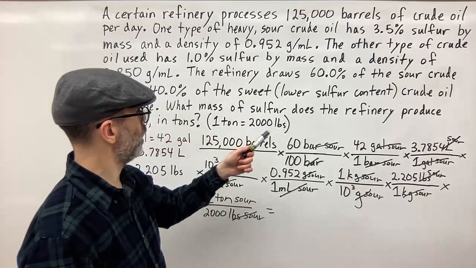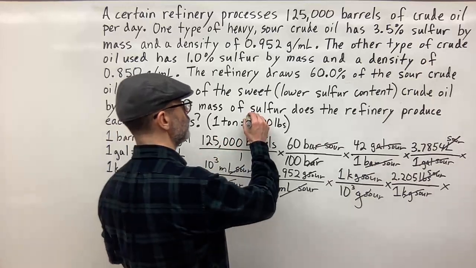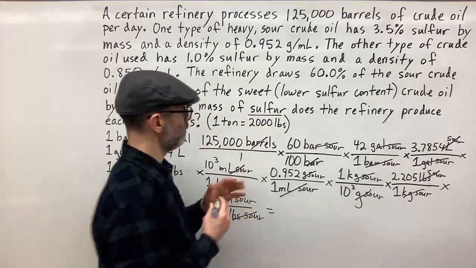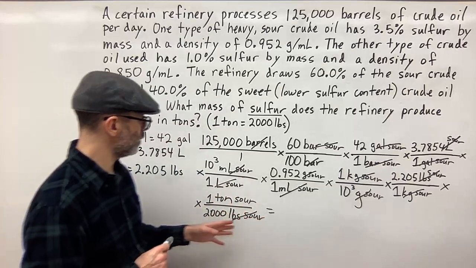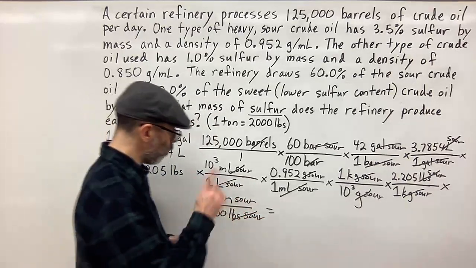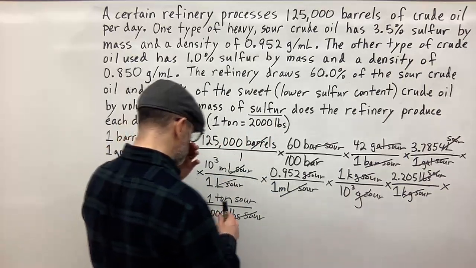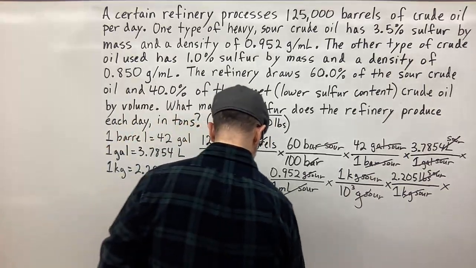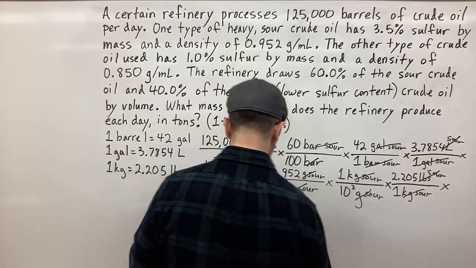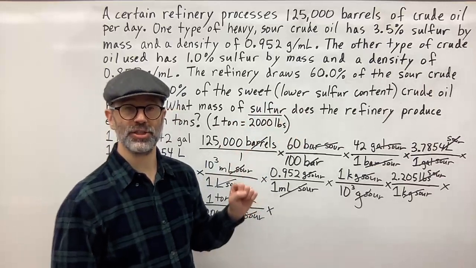The question was, what is the tons of sulfur? We want to find the sulfur. What we found so far is the tons of the sour crude. So we have one more conversion factor, another percentage to use.